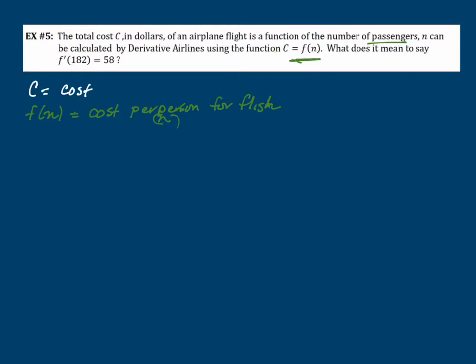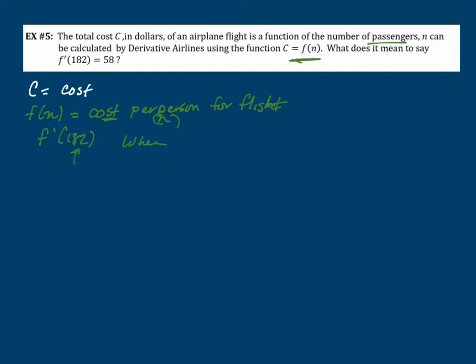So what does it mean to say F prime of 182? You can see the N is 182. N was the number of passengers.